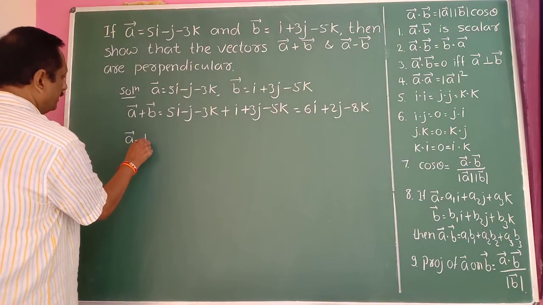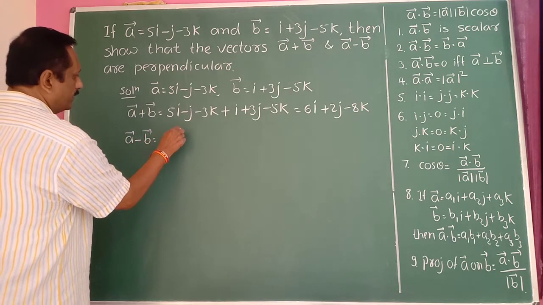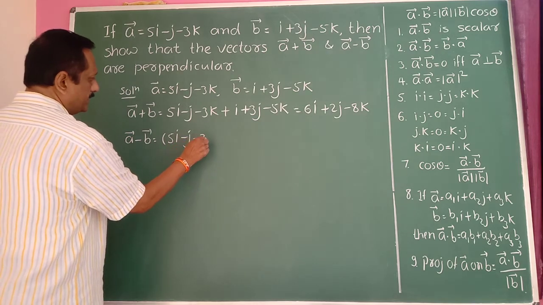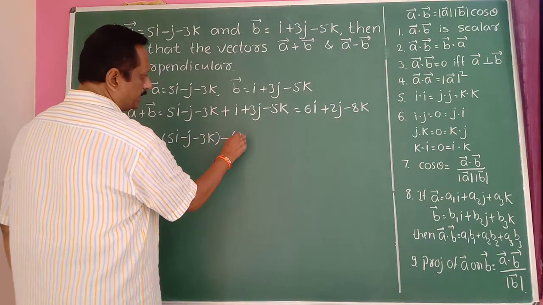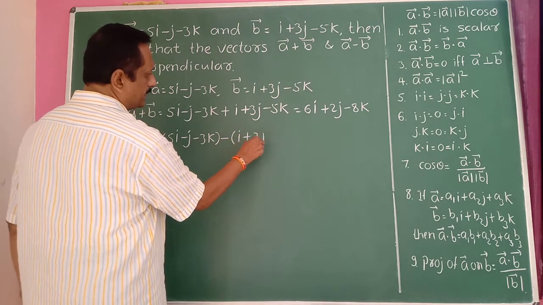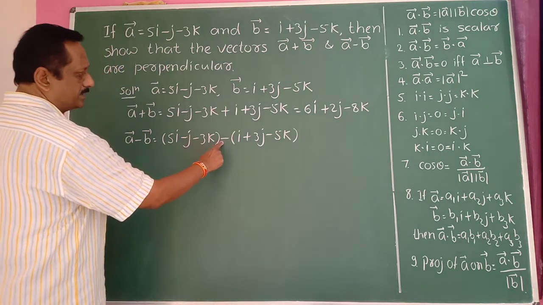Now we need to find a bar minus b bar. The vector a bar minus the vector b bar is 5i minus j minus 3k, minus the bracket i plus 3j minus 5k. Take this minus inside the bracket.